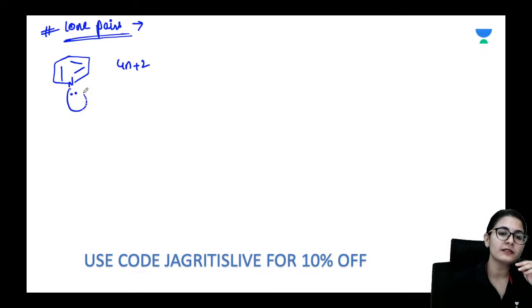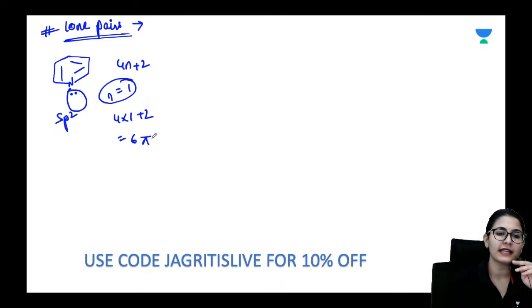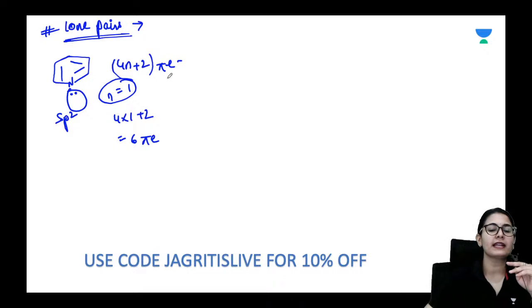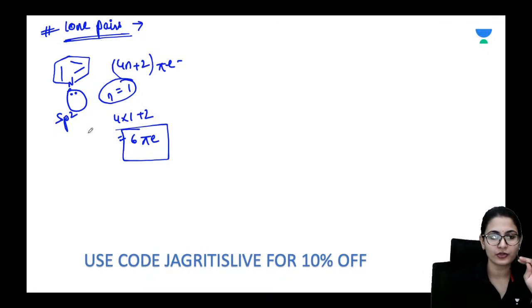Because this lone pair is present in the outside sp2 orbital, not taking part in resonance. Without the lone pair, you already have the electrons complete. So n की value अगर 1 ले लेते हैं, we have 4 into 1 plus 2, that is 6 pi electrons. So we already have so many pi electrons, and that is why it is already aromatic without the inclusion of the lone pair. Alright, very well.